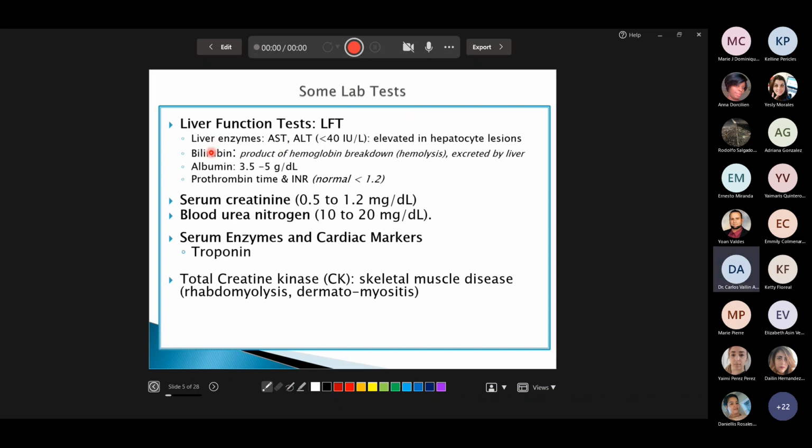Bilirubin. The importance of the value of the bilirubin to remember is that in adults it is around 1, 1.5, yes. But in newborns, the bilirubin normally is high. So the bilirubin can be as high as 12 milligrams, and it's totally normal.